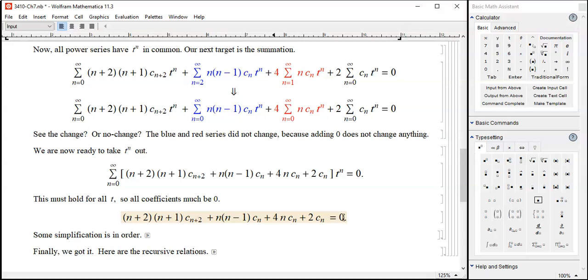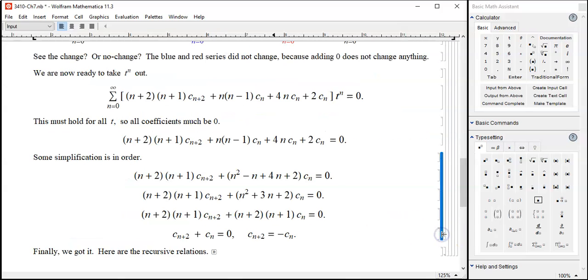We have c of n plus 2 and c of n, so you can solve for c of n plus 2 algebraically, and after some simplification, you're going to get this. c of n plus 2 is negative of c of n.